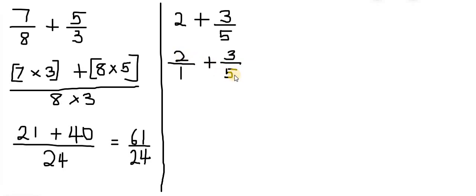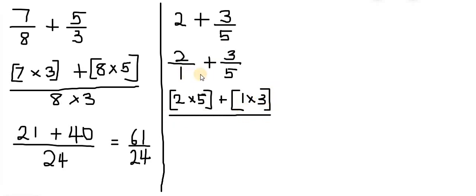Across, here first, 2 times 5. Plus is the sign. And across, 1 times 3. And now along the bottom, 1 and 5, so 1 times 5.